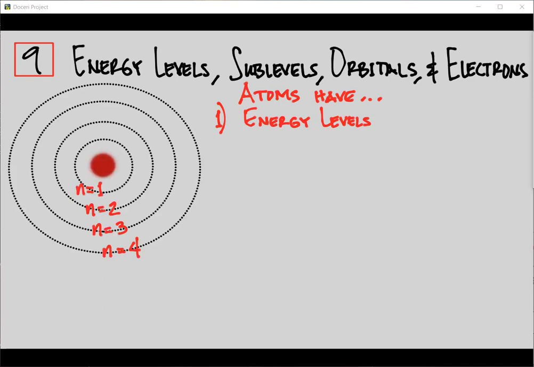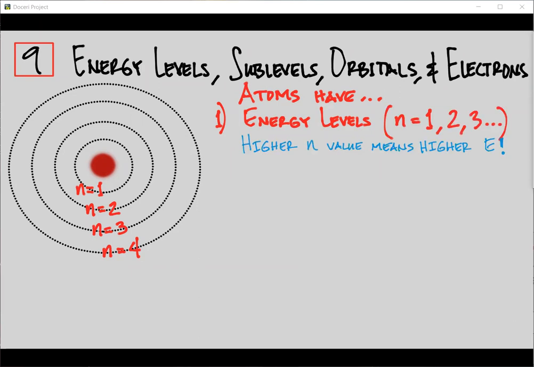So when you look at, let's say, Bohr's model of the atom, where you have the nucleus in the middle and then these stationary states or orbits, in the quantum mechanical model they're no longer called stationary states. They're now called energy levels, and energy levels have the symbol lowercase n. So you can have energy level 1, 2, 3, 4, 5, 6, and so on.